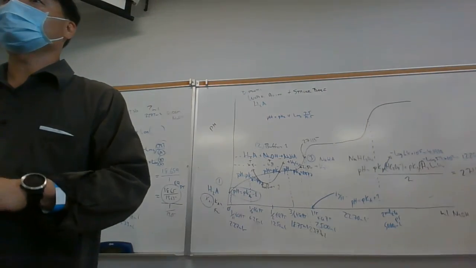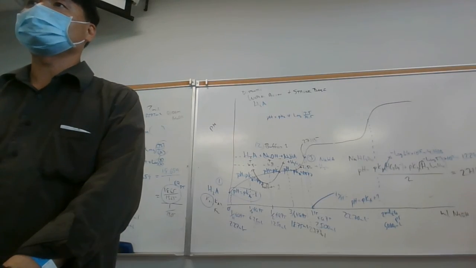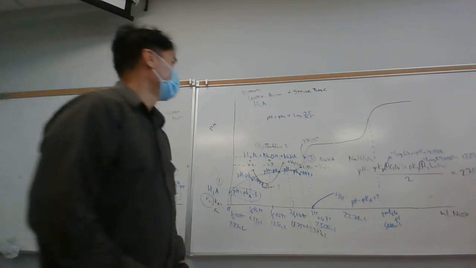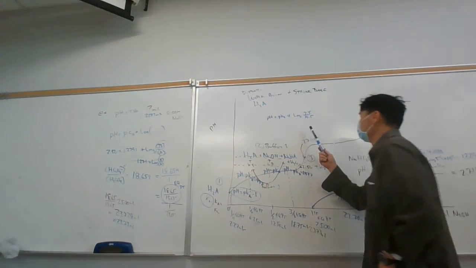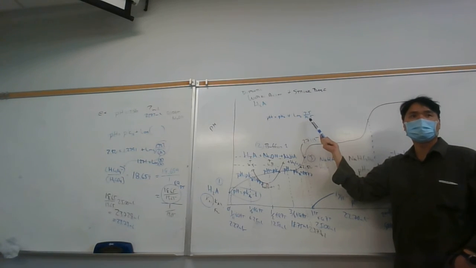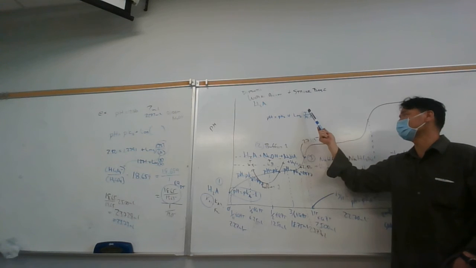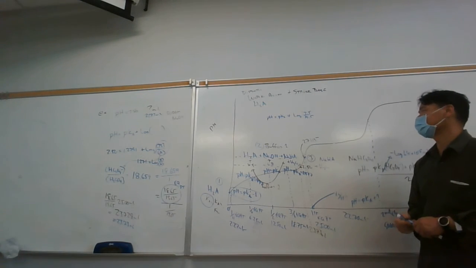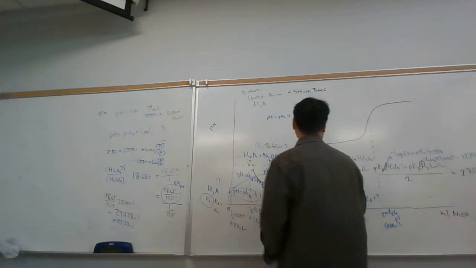What fraction of the acid has reacted? Half of it. But wait a minute, isn't it 100% because this is 12.5 parts out of 12.5 parts? No, it's not 100% because this is base, this is acid. And we have to go back to the ICE table to see.